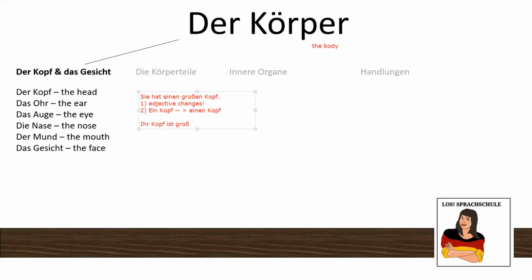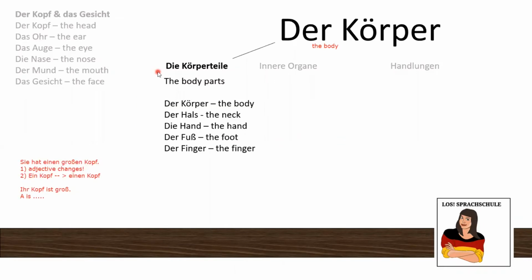Her head is big. So if you just say A is something, then you don't have to change it. It makes sense because we said before the adjective must be in front of the describing thing, which is not the case here.